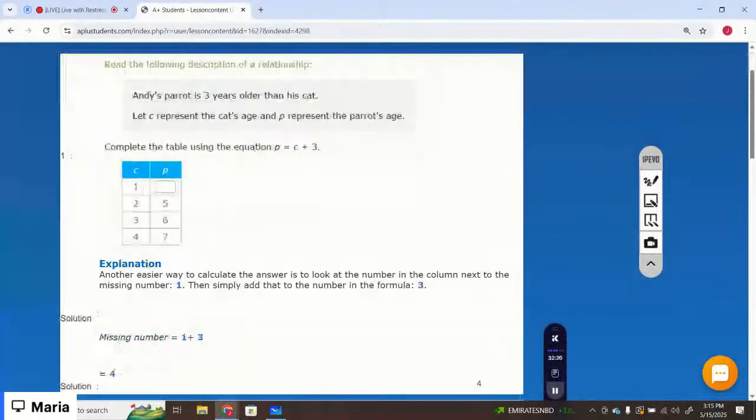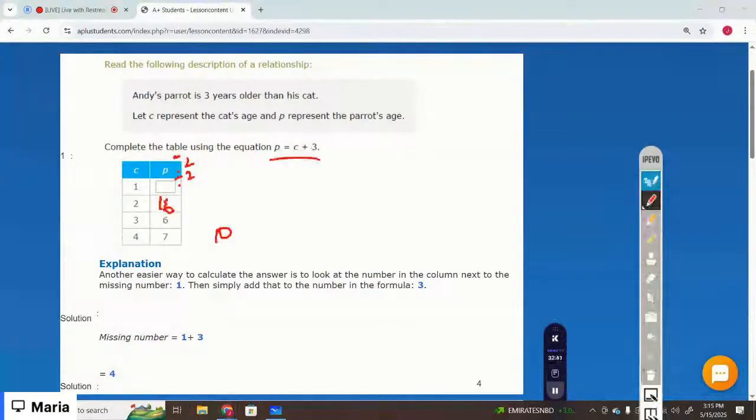Andy's parrot is 3 years older than his cat. Let C represent the cat's age and B represent the parrot's age. Complete the table using the given equation, that is B equals C plus 3. So you are given C equals 1.